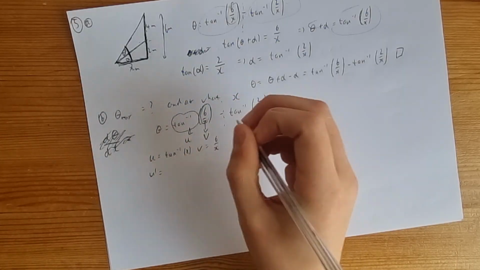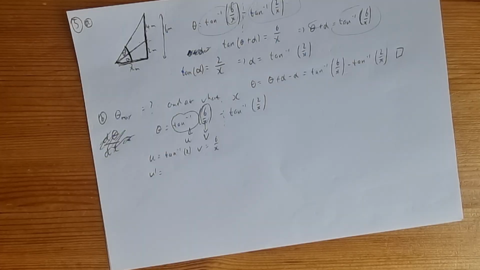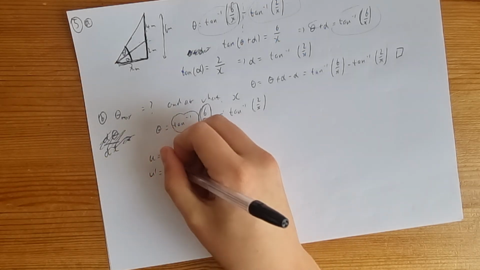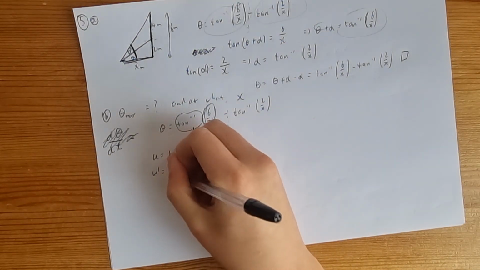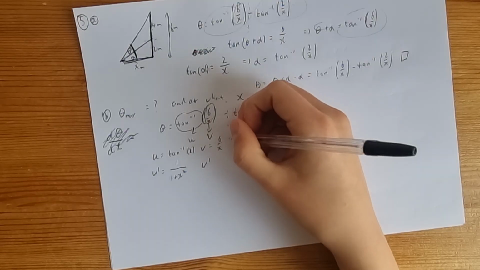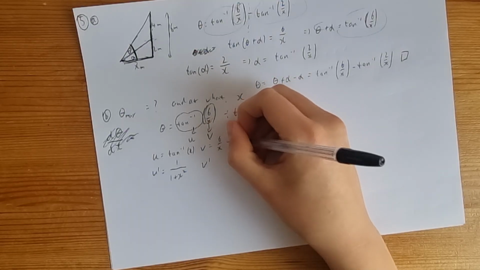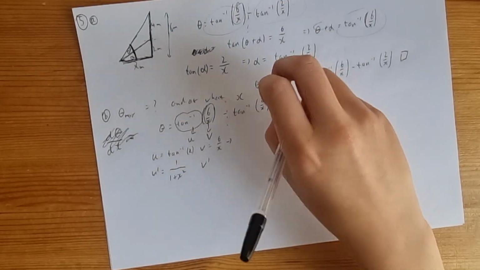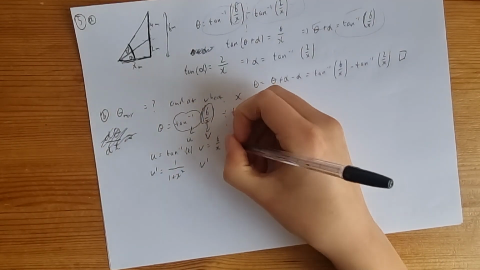U prime is equal to, from the data booklets, the derivative of tan inverse, I believe, is 1 over 1 plus x squared. Yeah, it is. 1 over 1 plus x squared. And the derivative of 6 over x, you might think it needs a bit of quotient rule, but you don't actually.